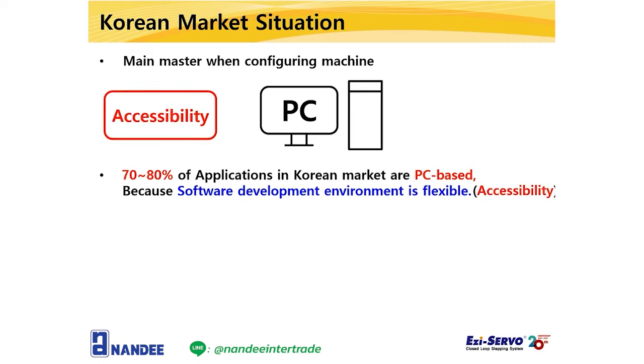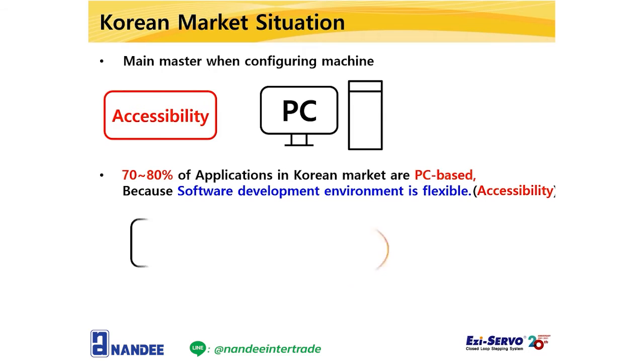In more detail, since customers can easily configure machine programs in a Windows-based programming environment by directly connecting to a Windows-based PC, most customers in the Korean market prefer and use FASTECH's Ethernet products a lot.